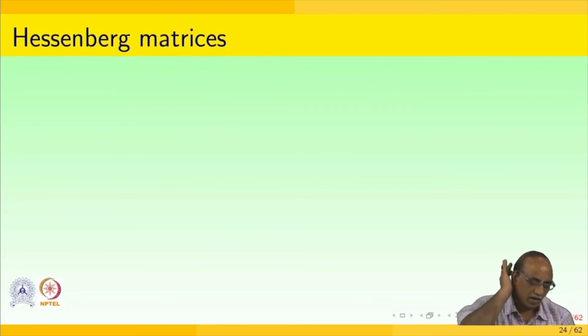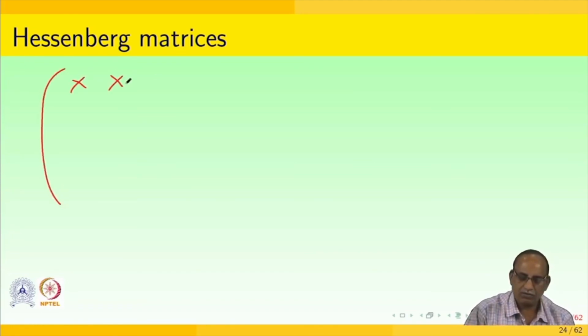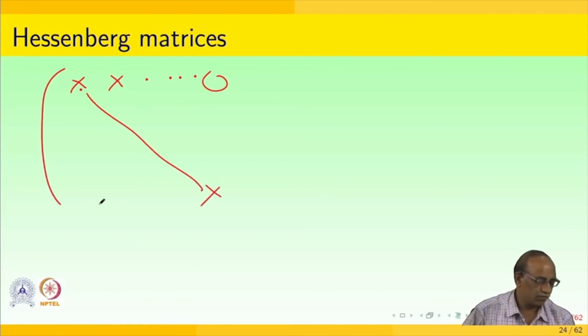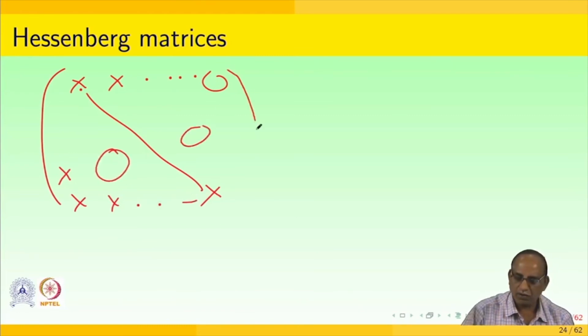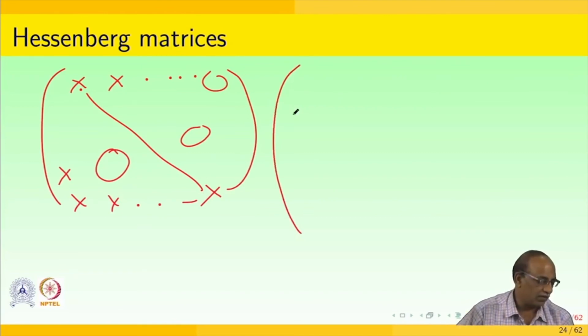Then you do have Heisenberg matrices. They are called almost triangular matrices. So you have a matrix like this, zeros, you have a matrix like this, and you have another matrix like this.